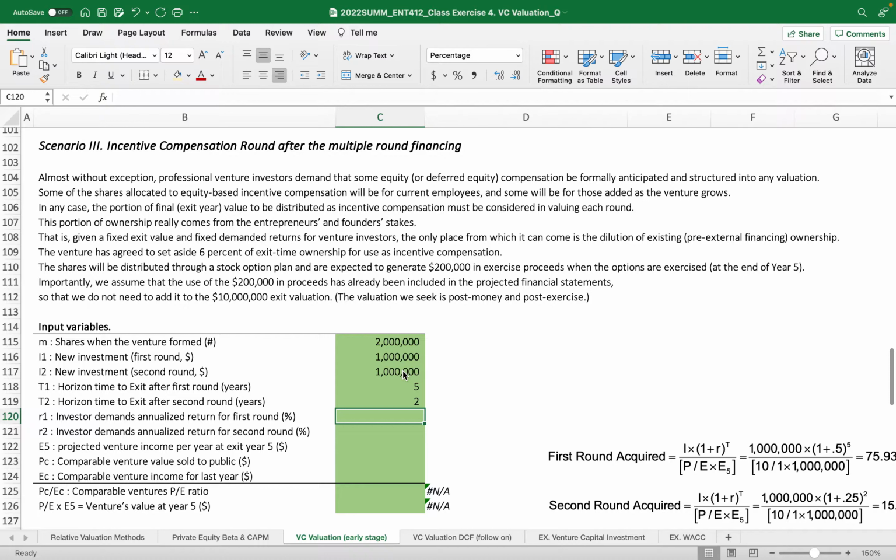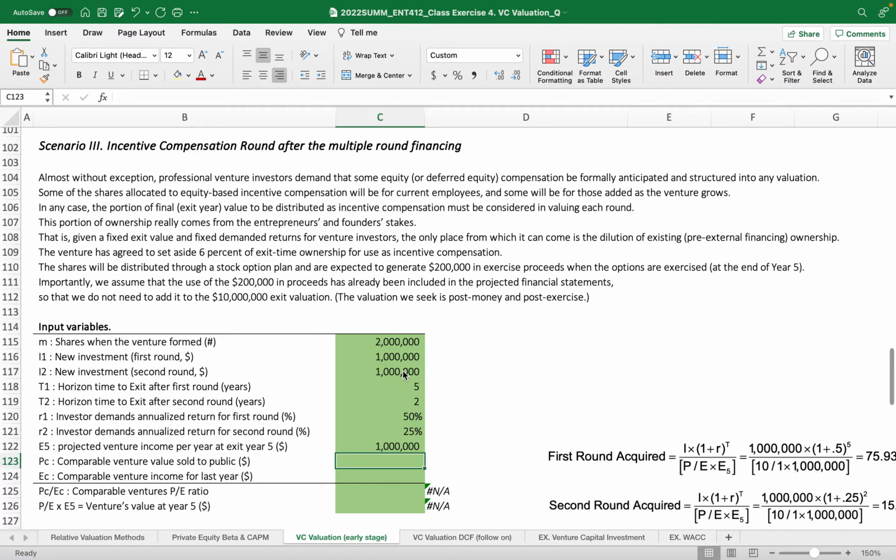The investors' annualized required rate of return for the first round is 50%, and 25% for the second round investor. The projected venture income, net income provided by the entrepreneur, the venture firm, is 1 million. For the comparable venture value, we are using the PE ratio at the end of the exit year.